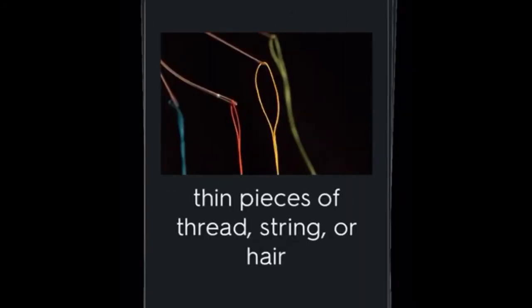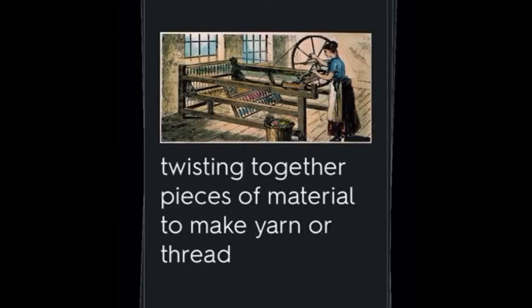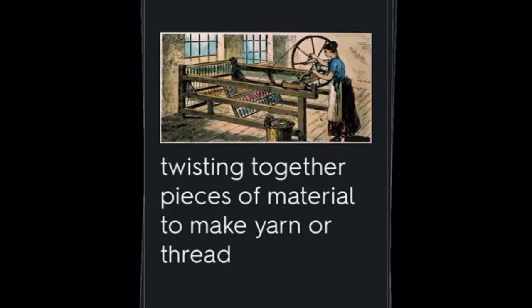Strands. It means thin pieces of thread, string, or hair. The small piece. Strand. Okay, what's this word? Spinning. So spinning means twisting together pieces of material to make yarn or thread.